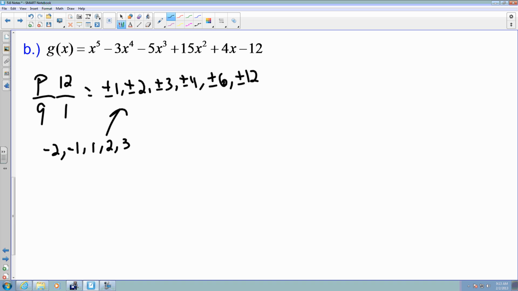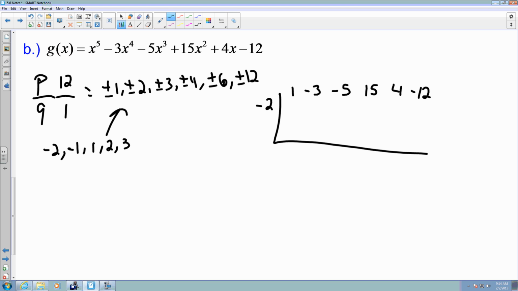So I'm gonna show you what one looks like. Let's look at -2. So I got -2, and so I'm gonna have 1, -3, -5, 15, 4, -12. So let's go 1. That's -2. And that would be -5.